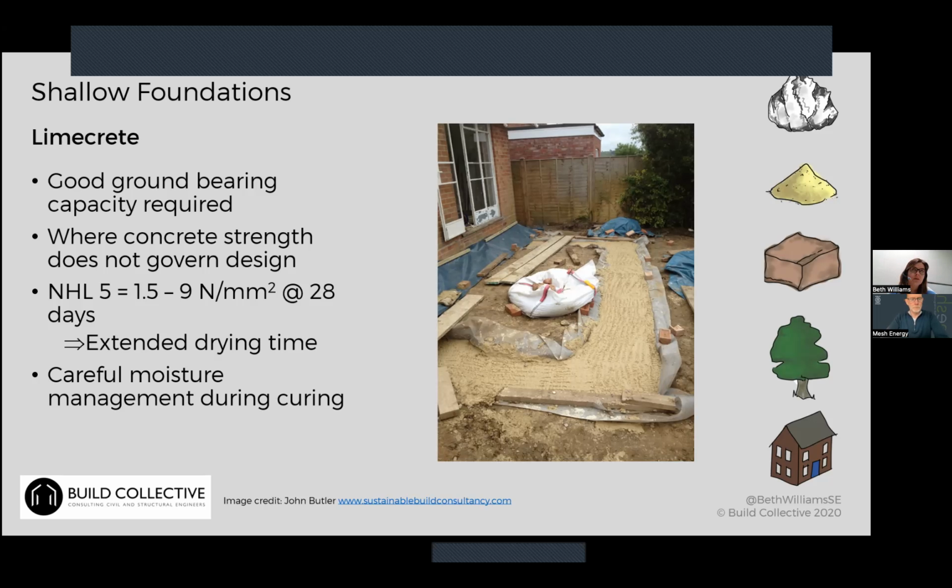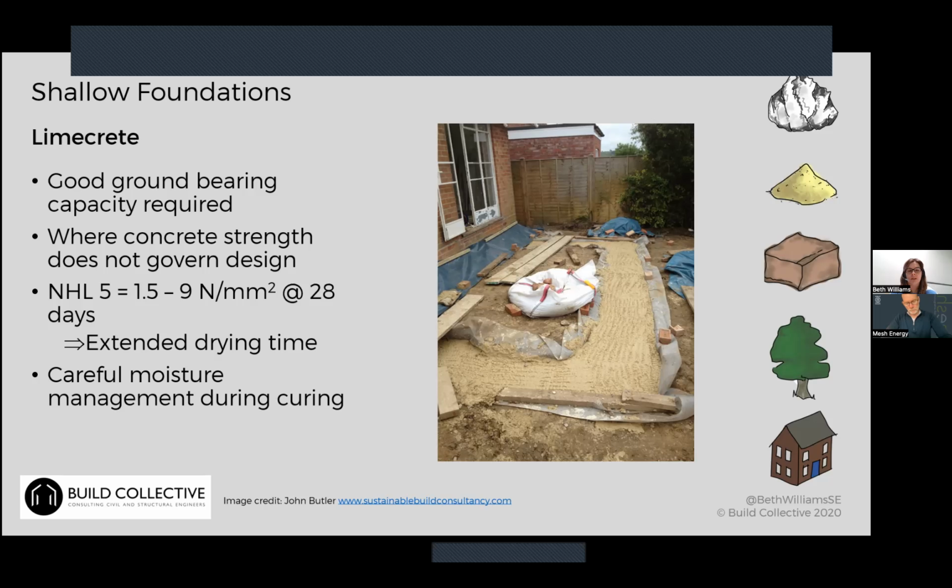It's good where the concrete strength doesn't govern the foundation design, which is true of most mass concrete foundations, but that's because you don't get the same hardening profiles in limecrete that you do in concrete. So you can't guarantee that it will be a certain strength at a certain time period from when you've cast it.